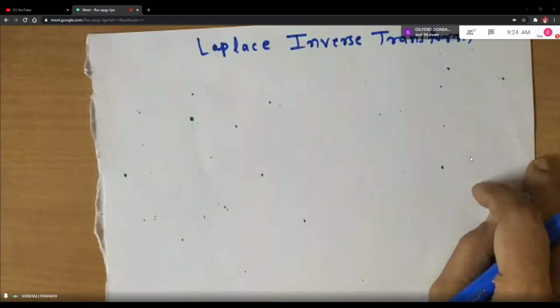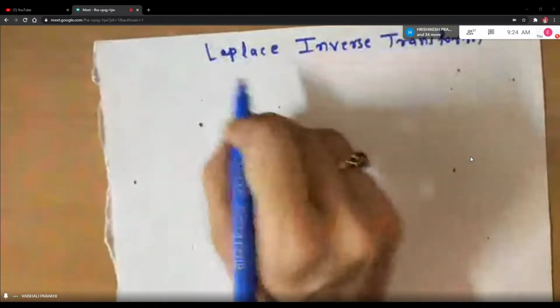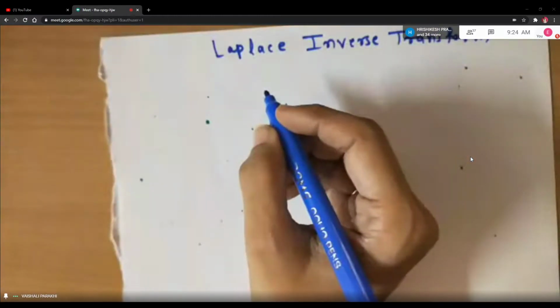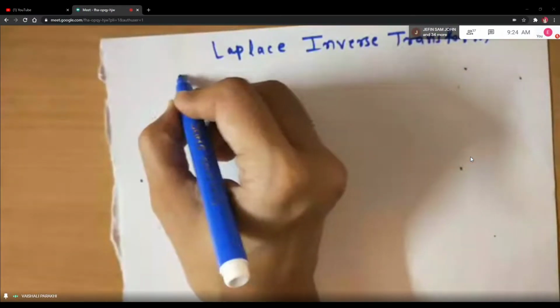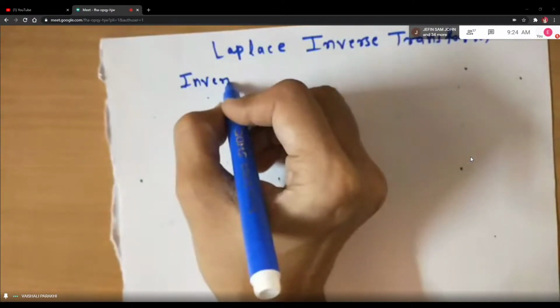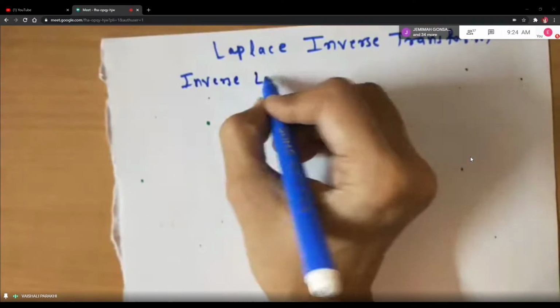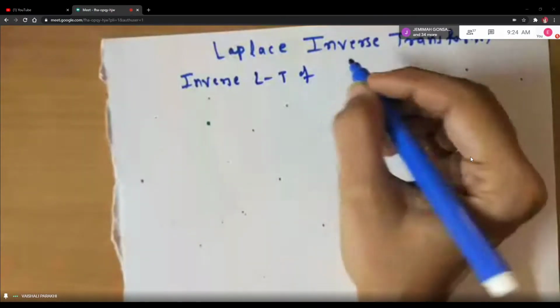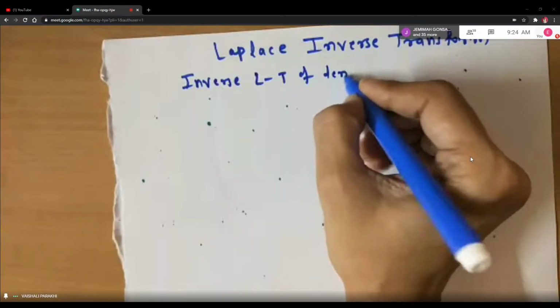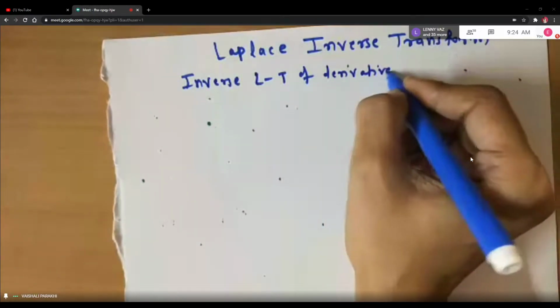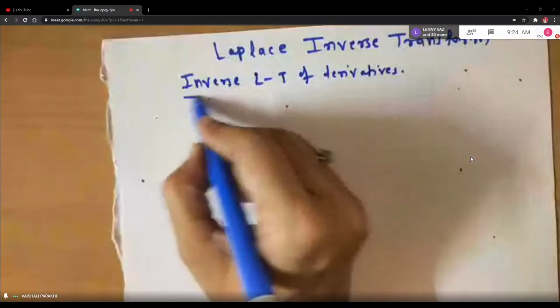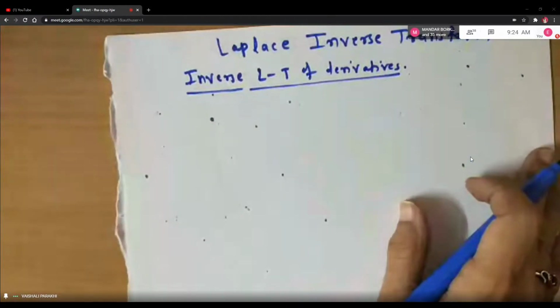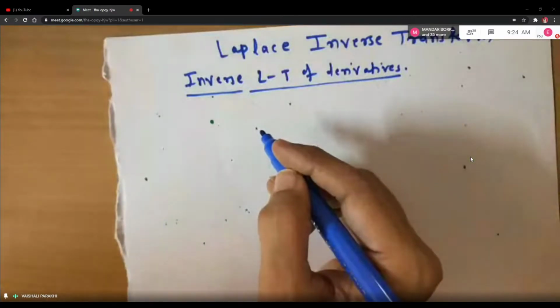Now today one more new method I want to tell you. This method is called inverse Laplace transform of derivatives. So you can give the title, students: inverse Laplace transform of derivatives. Now see the formula, students.